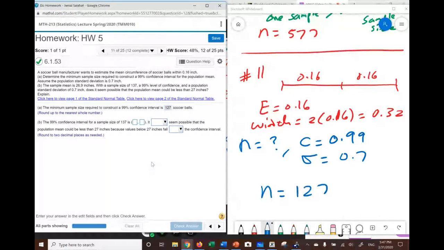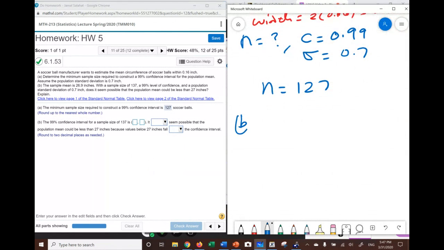For the second part, for part B, they tell you the sample mean is 26.9 inches. Remember, forget part A. For part B, start a new problem. The sample mean is 26.9 inches.